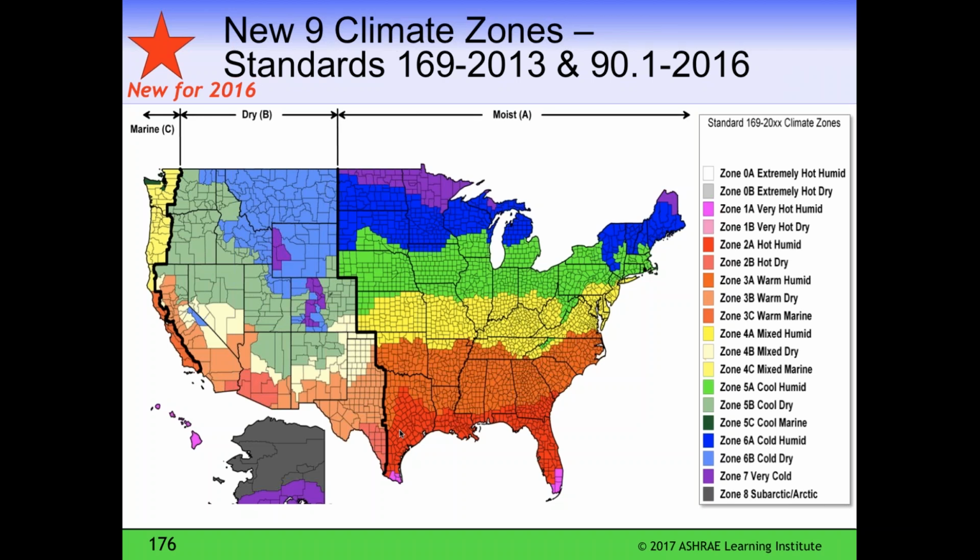And just very few counties in northern Oklahoma, I believe, have gone to a higher climate zone. So we're seeing changing climate has an impact, but I can't show it to you here. So this is the new set of climate requirements.